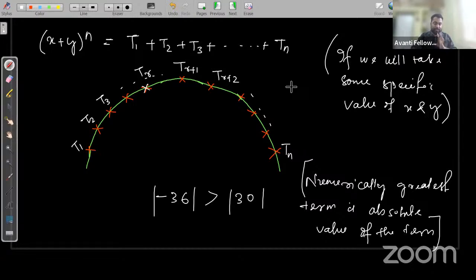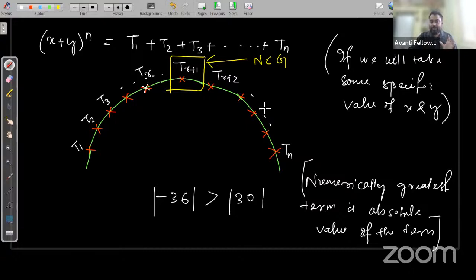Now you can observe here that T r plus 1 is the term which is numerically greatest, NGT we can say, numerically greatest term.